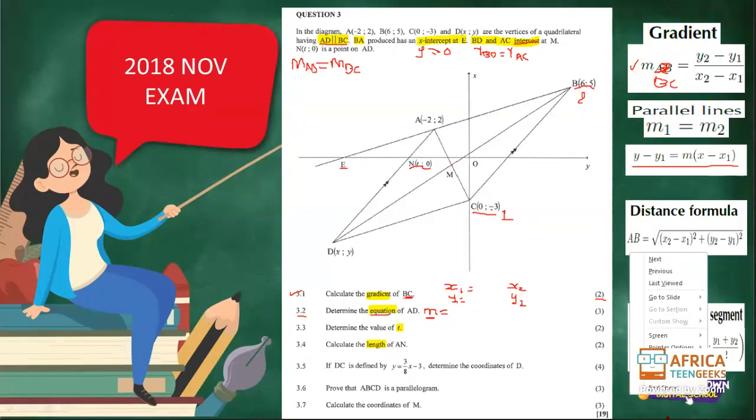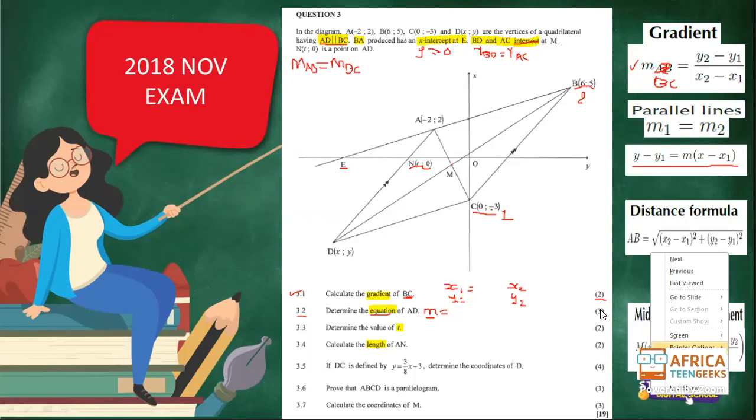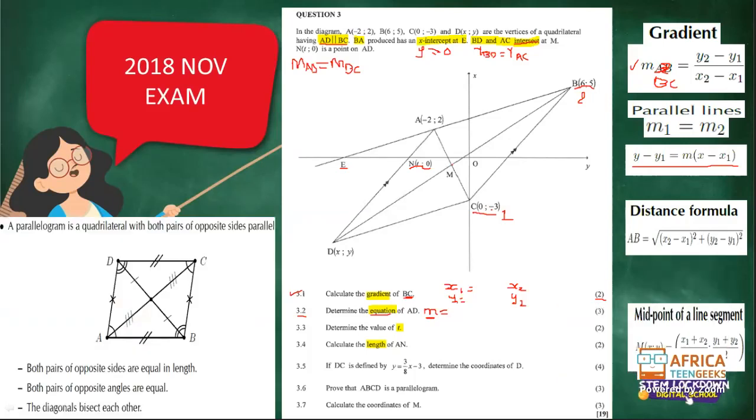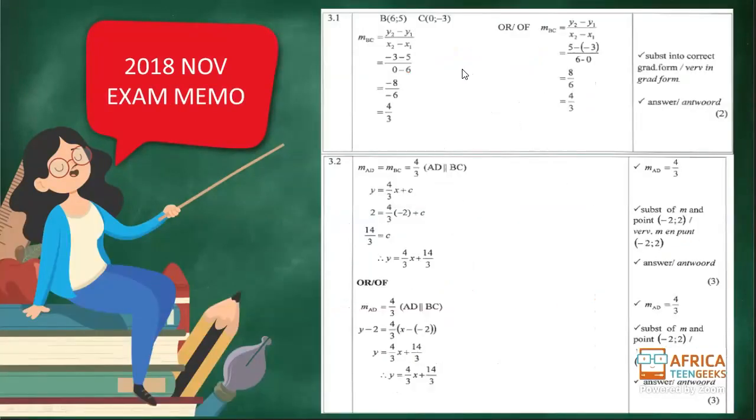So from 3.1, the gradient is 4/3. Let's try to do it together.